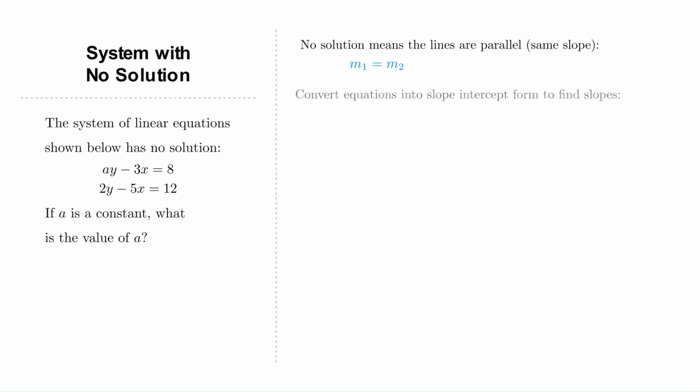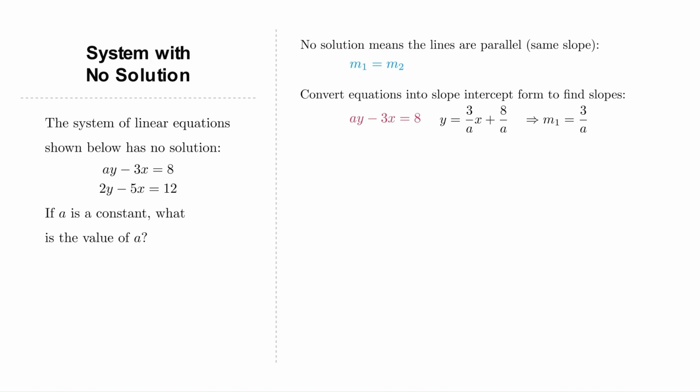To find these slopes, we can rewrite both equations in slope-intercept form. Let's start with the first equation, ay minus 3x equals 8. To isolate the y term, we add 3x to both sides, then divide all terms by a. The slope of this first line, m1, is 3 over a.